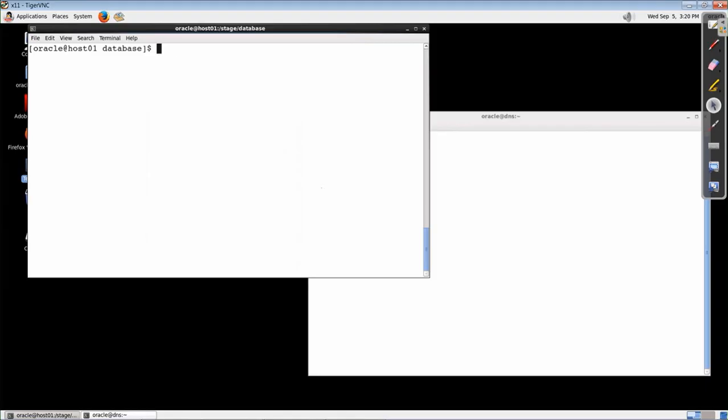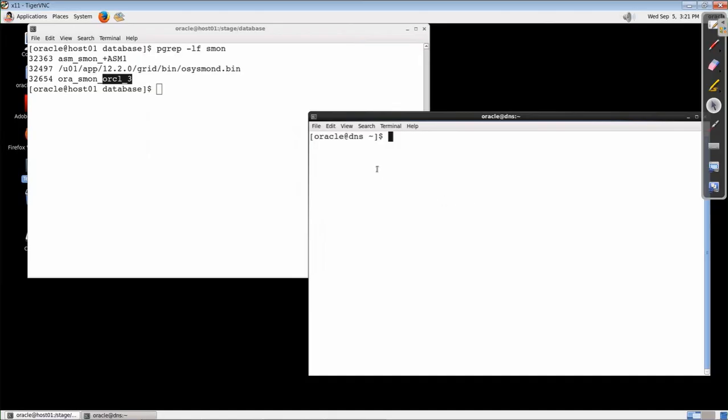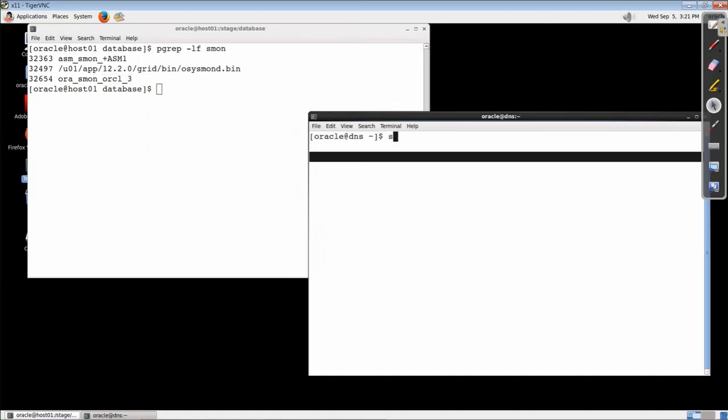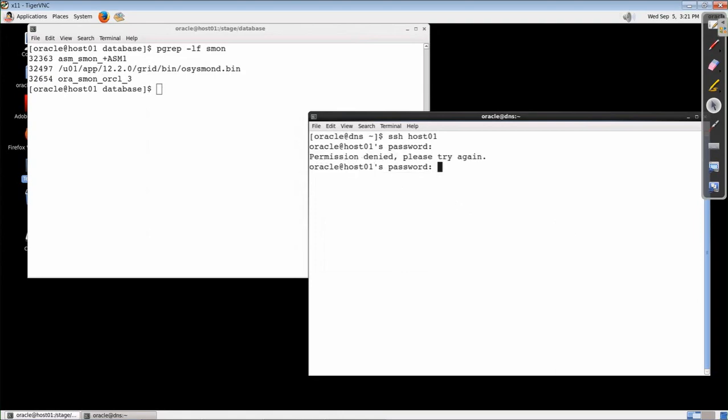I will check the SMON process here. So we have the ORCL3 instance running here. And then what I'm going to do here is SSH, and I will log in as oracle to host 01. I probably entered the wrong password.